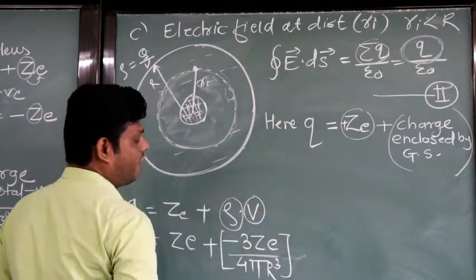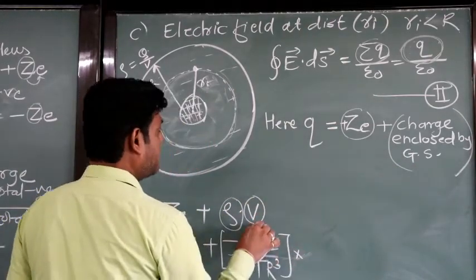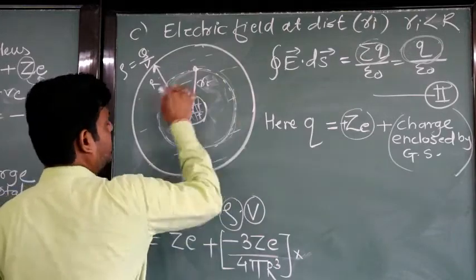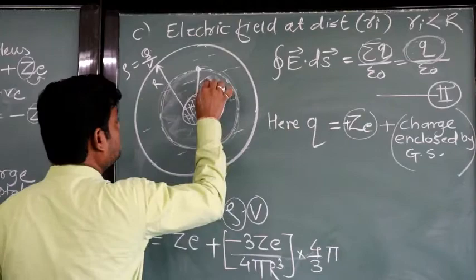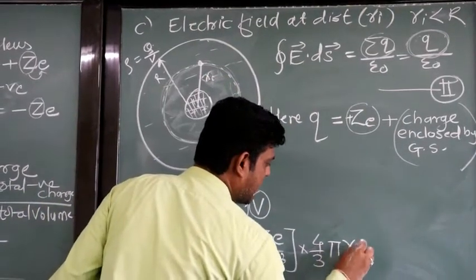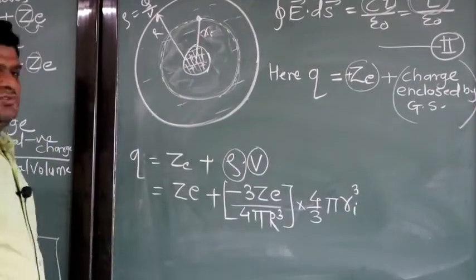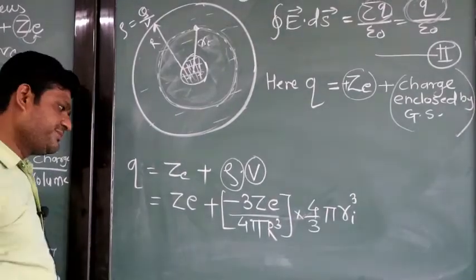This is the volume of the Gaussian surface, multiplied by the volume of this Gaussian surface, that is 4 by 3 pi into this r, which we write as Ri cube. Very important equation we wrote.